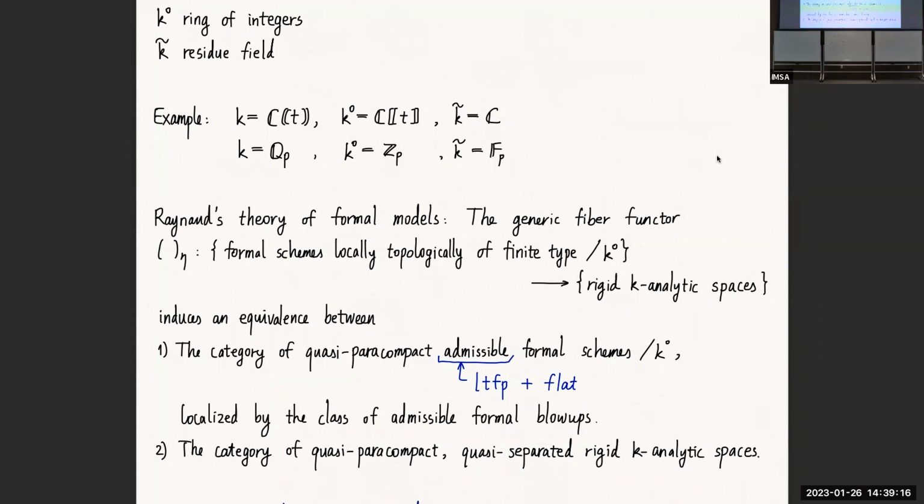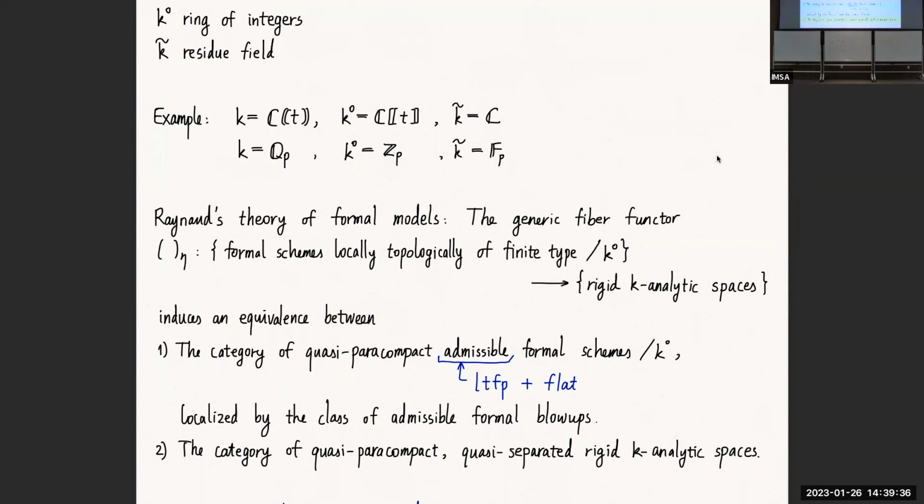of admissible formal blow-ups. There's a lot of non-Archimedean jargon here, but they really have not much meaning. Quasi-paracompact just means a local finiteness condition.